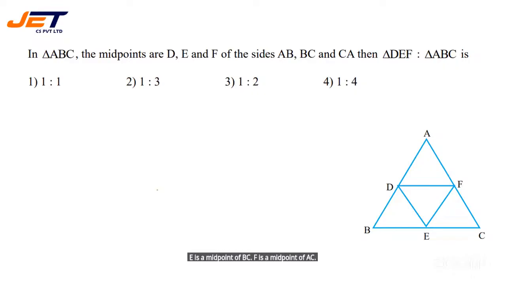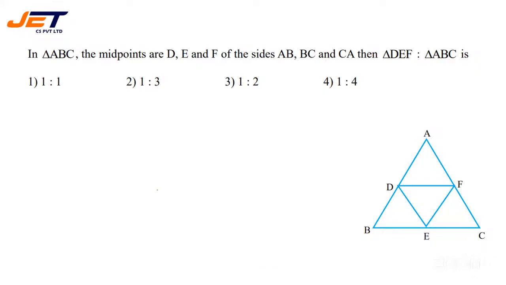Then triangle DEF is to triangle ABC is dash. Is it 1:1? Is it 1:3? Is it 1:2? Or is it 1:4?